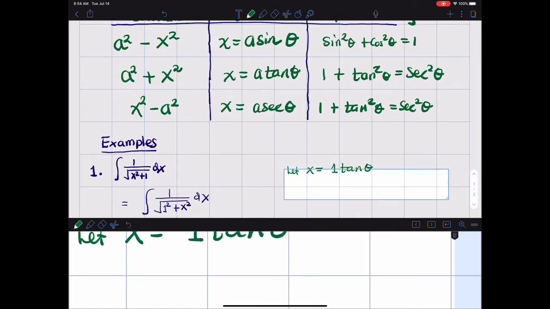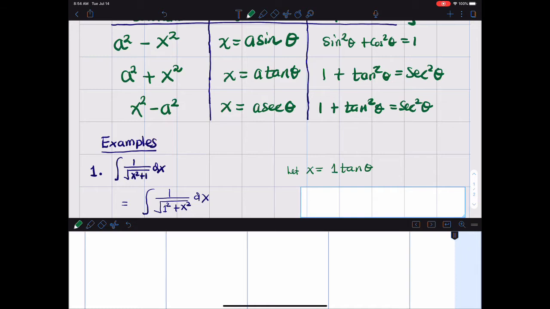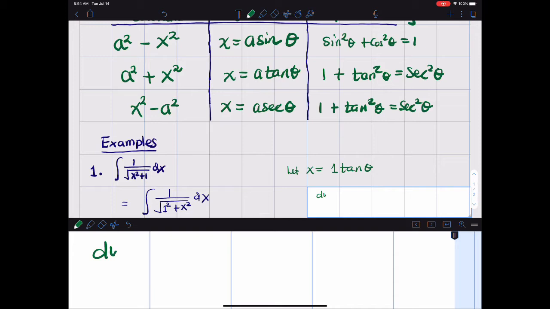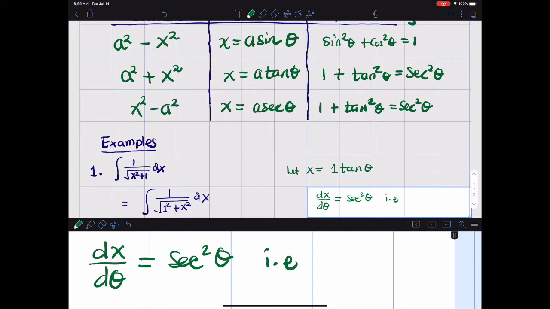All right. Now, as you know, in every substitution, we start by taking the derivative. dx d theta, in this case, is secant squared of theta. This implies that dx is equal to secant squared d theta.